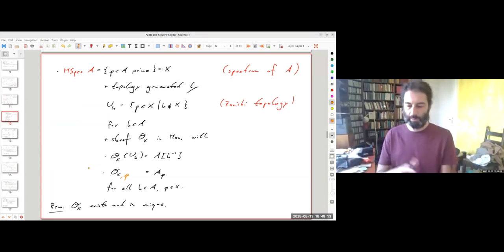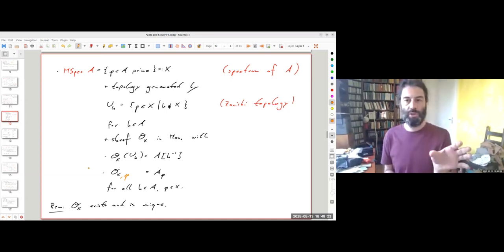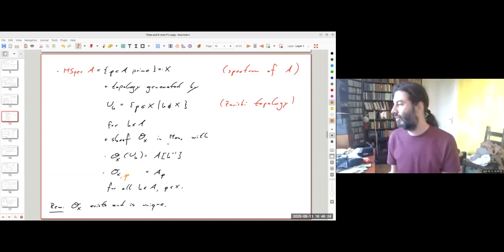We just replace ring by monoid and use the construction from the previous slide. So in the end, the spectrum here is a topological space together with a sheaf in pointed monoids.